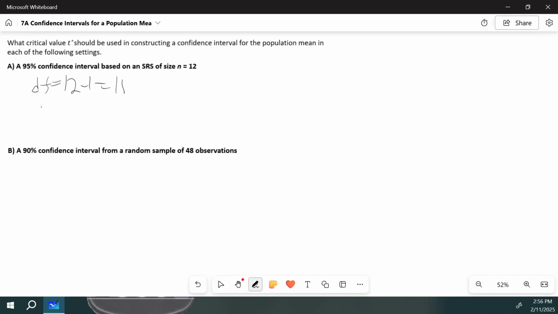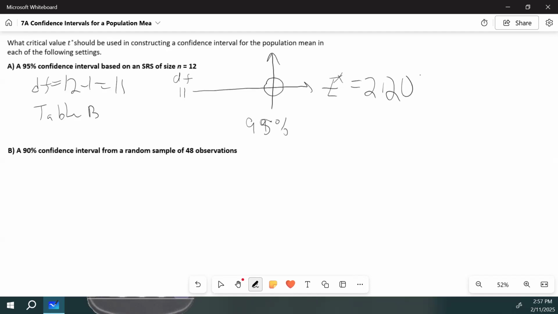And then if I use table B, I would go over to 95 percent. And then on the left, I'd look for 11 degrees of freedom and see where they overlap. And where they overlap is going to be T star equals 2.201.